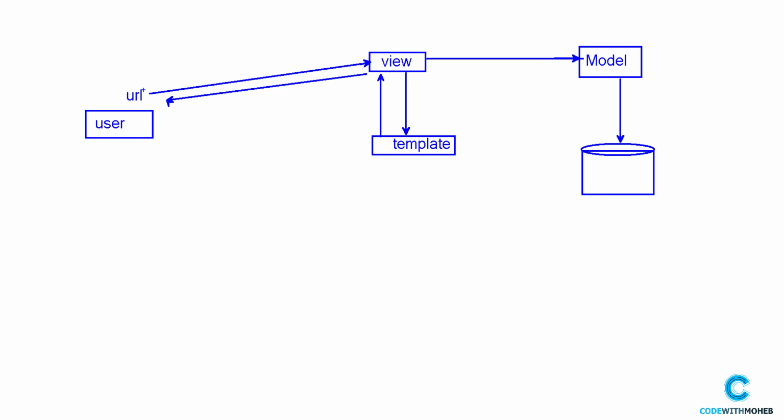The user will type something like www.xyz.com. The request will come to the view. After the view is rendered, the request will go to the model, and the model will take the data from the database, and in reverse order the data will come to the view, and from the view it will go to the user, or it will be rendered inside the template, and the template will be shown to the user.